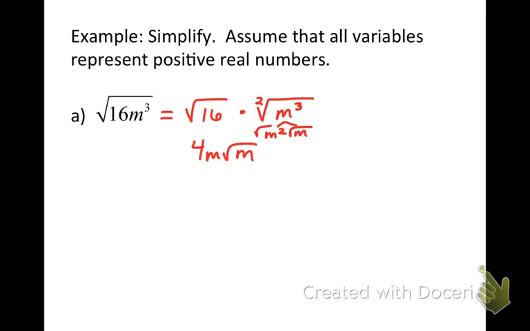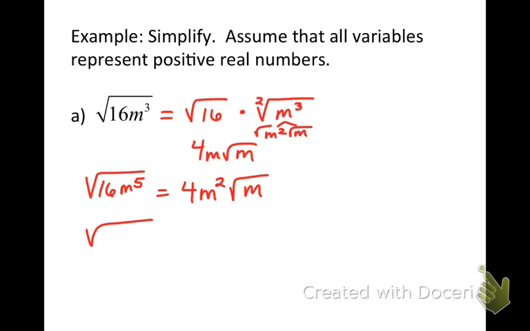If this was the square root of 16m to the 5th, what would that look like? It would be 4. How many m's could you take out? 2. How many times does 2 go into 5? 2 with 1 remaining, right?